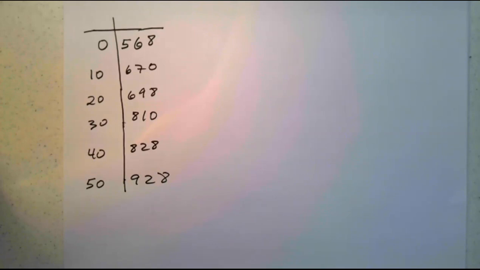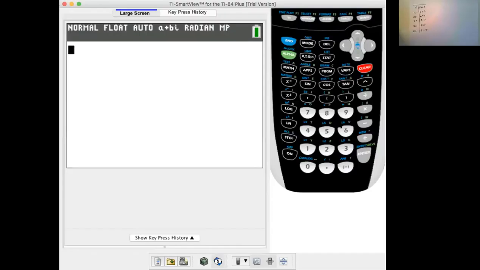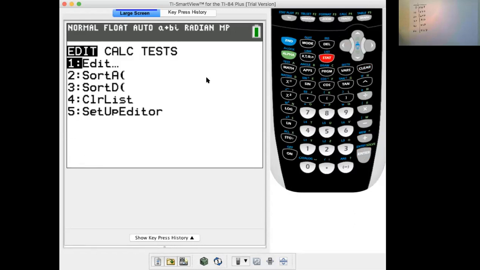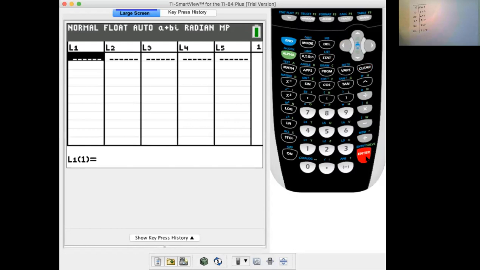We want to put those into the graphing calculator. So I'm going to pull up the TI calculator. We're going to put the data in first. So stat edit. If you have things in those lists, you're going to go to stat, clear list L1, clear list L2, but I don't have anything in there. So I'm just going to edit those. So my list 1 is 0, 10, 20, 30, 40, 50.